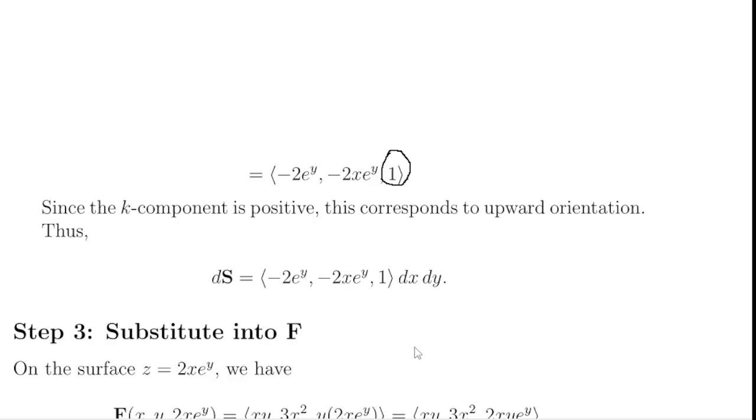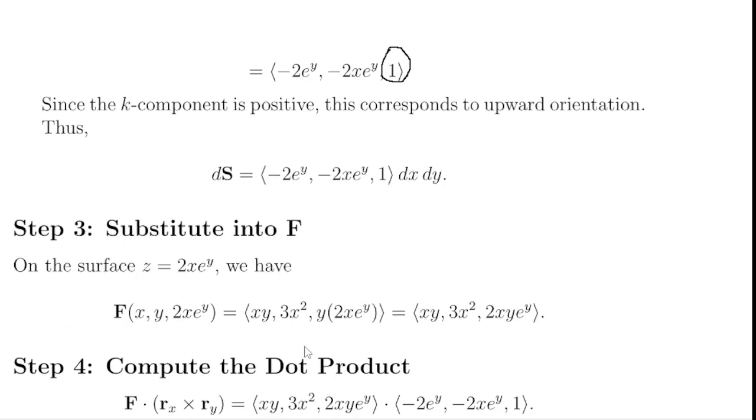So now we can substitute into F. So remember we said z is equal to 2x e to the y. So F of x, y, z is equal to F of x, y, 2x e to the y, because z is 2x e to the y.